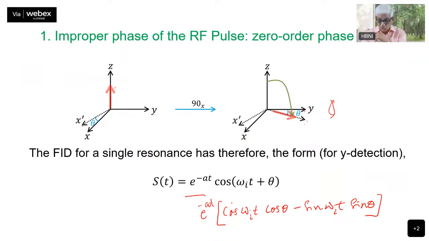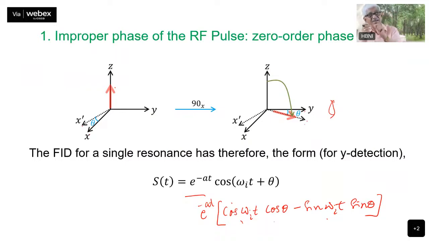Therefore, you see, it has two components. It has a cosine component and a sine component. The cosine component produces an absorptive signal. The sine component produces a dispersive signal. And they are weighted: the cosine component is multiplied with cosine theta, and the sine component is multiplied with sine theta. So, depending upon the theta value, you have different admixtures of the cosine and the sine components.